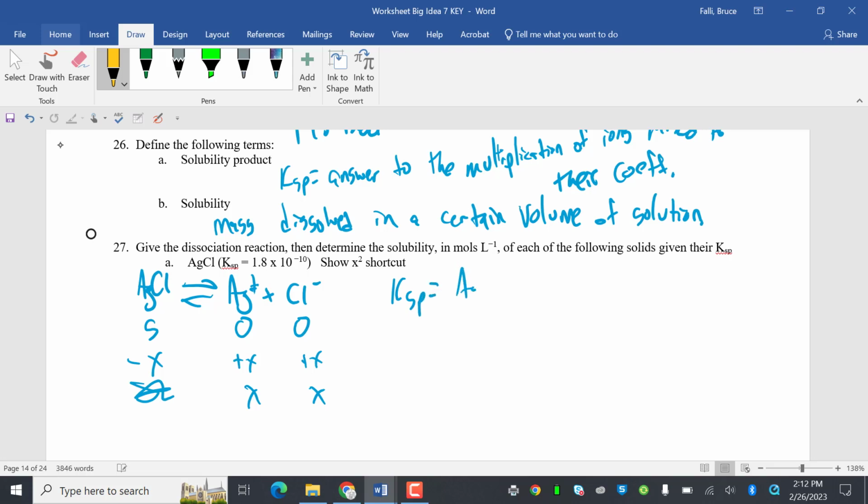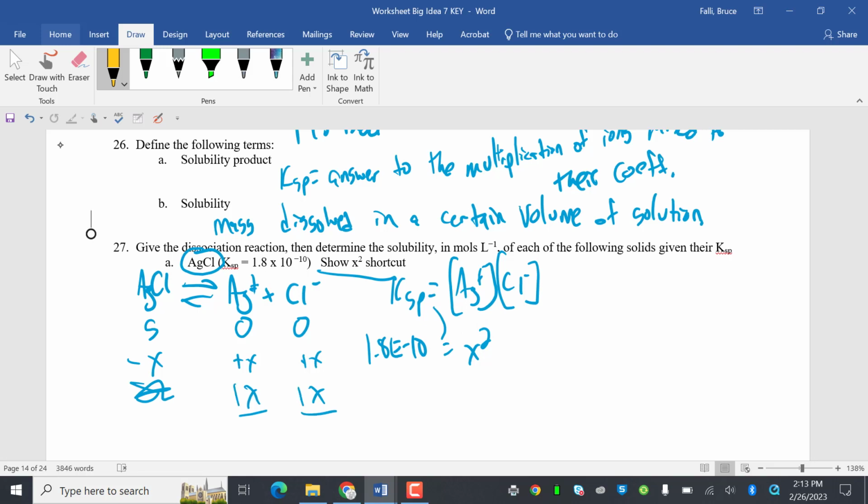Ksp equals Ag positive times Cl negative. So that's 1.8 e negative 10 equals x squared. Now notice the x squared shortcut. Whenever I have two subscripts of 1, that's going to be 1x times 1x raised to the coefficient of 1.